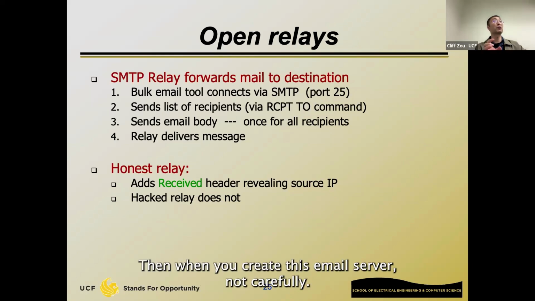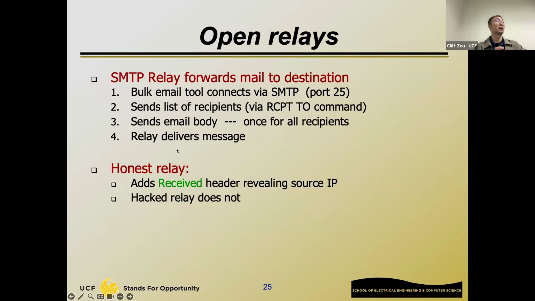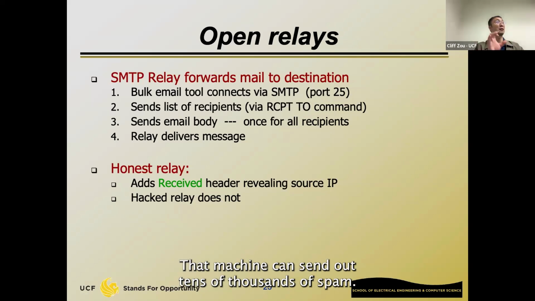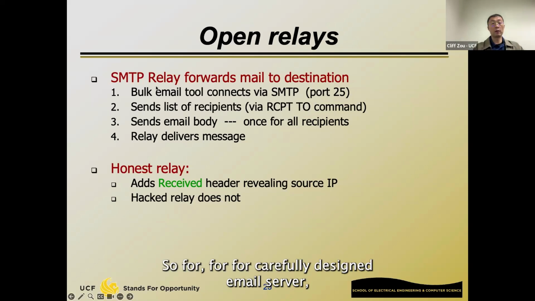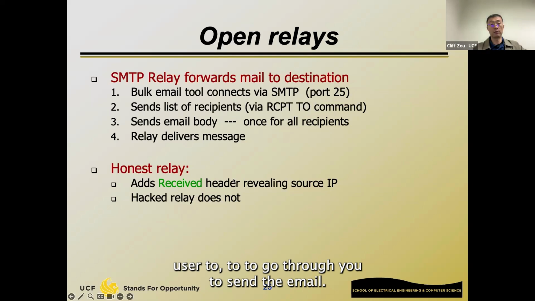Then when they create this email server not carefully, the email server may support the open relay function. Once it is found by an attacker, by a spammer, they can use that machine to send out tens of thousands of spam. So that's open relay. For a carefully designed email server, your relay should be very carefully configured, not allowing any unauthorized user to go through you to send email.